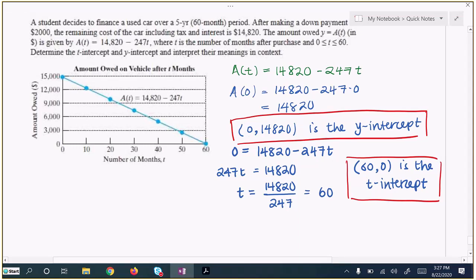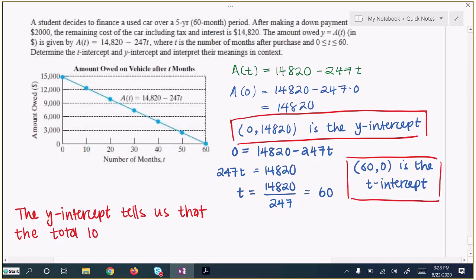So t being 0 means that we just took out the loan. The y-intercept, so if we just took out the loan and we owe $14,820, that should tell us that the total amount of the loan was $14,820.